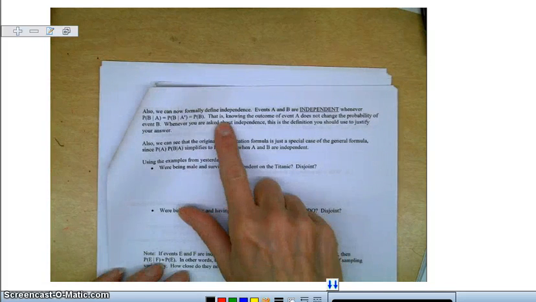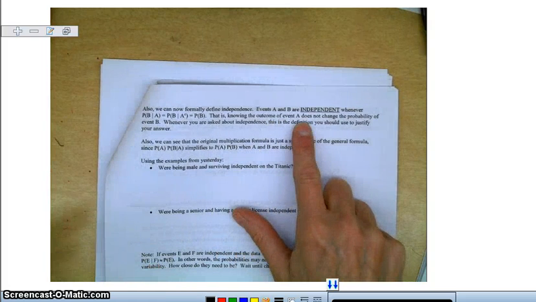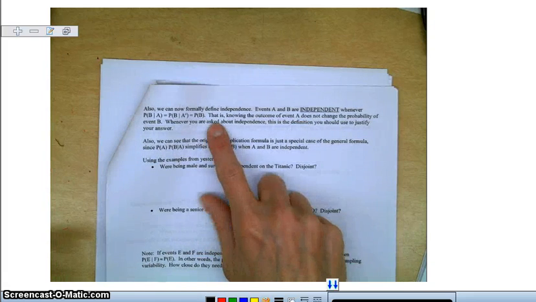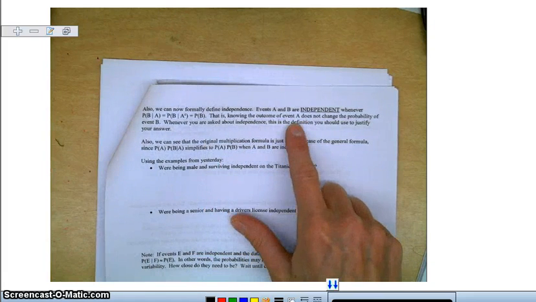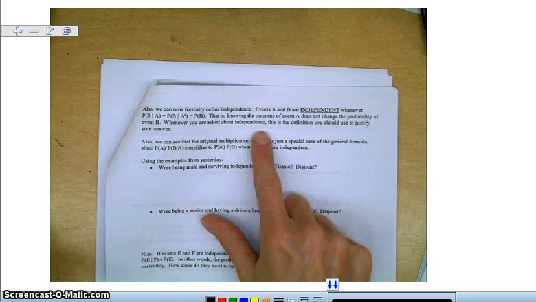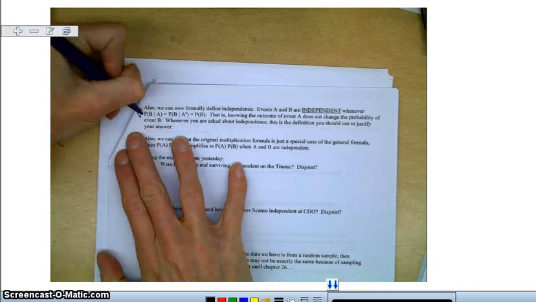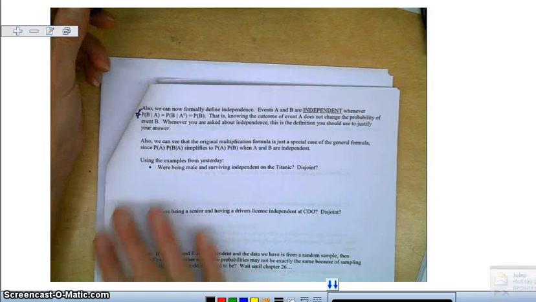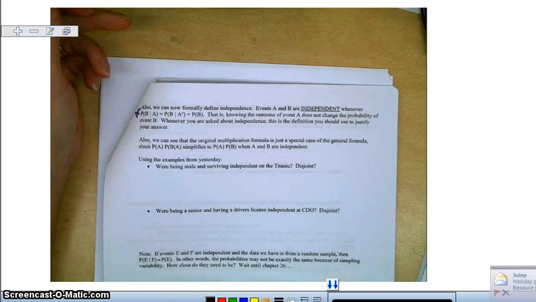So in other words, knowing the outcome of event A does not change the probability of event B. This is the definition of being independent. So whenever you are asked about independence, this is the definition you should use to justify your answer. And I plan on showing you in this video exactly how to do that.